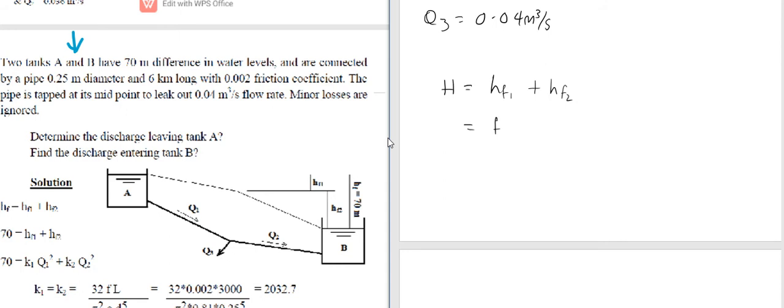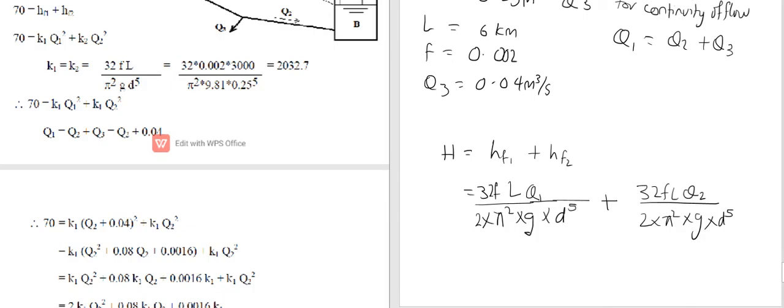FL1 that will be 32 F, F is the same, then L will be the total length over 2, so that will be L over 2, then times Q1 over 2 times pi squared times, that's the old equation.